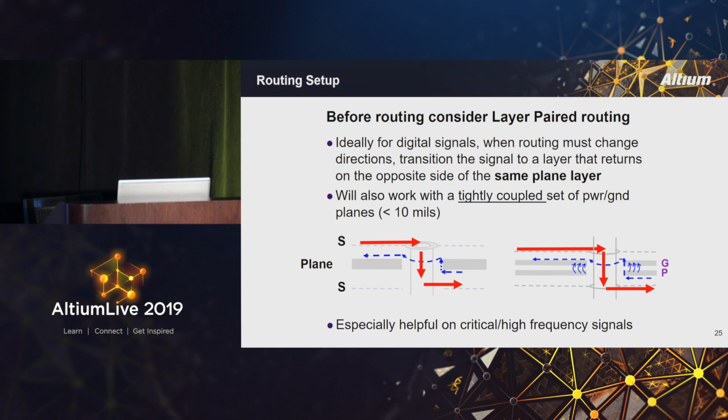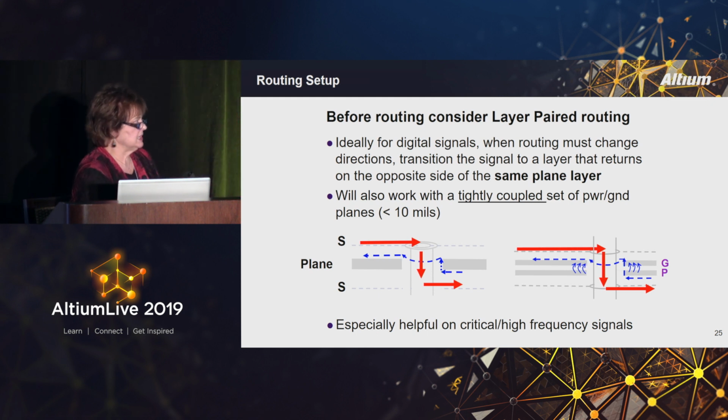But because these are so tightly coupled to one another, the energy can couple from one side to the other. So it actually comes around the edge of here and then spreads out a little bit on each side until it can get back to the top side of the ground plane and then return back with the signal to the source that way.